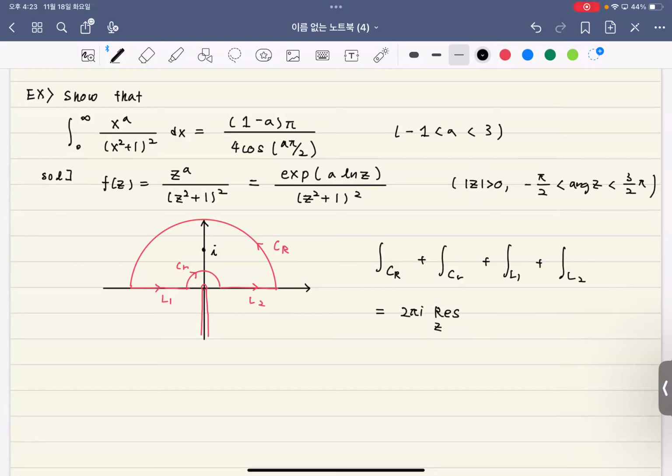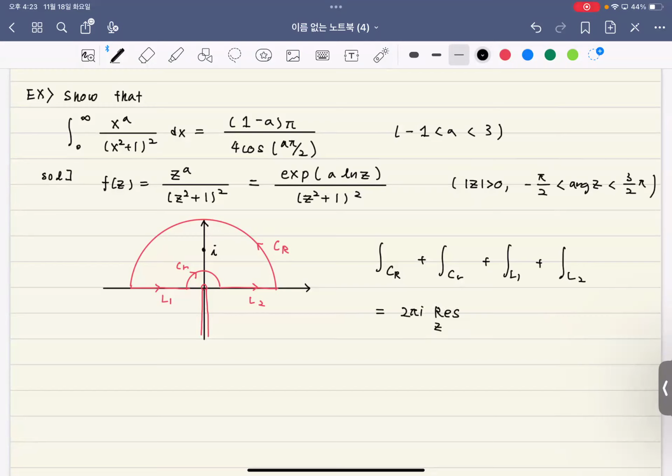You know how to deal with i raised to the power of a minus 1, because the argument was clearly stated here, so I guess you will have no trouble computing this, which I will leave as an exercise. Okay, the residue is done.